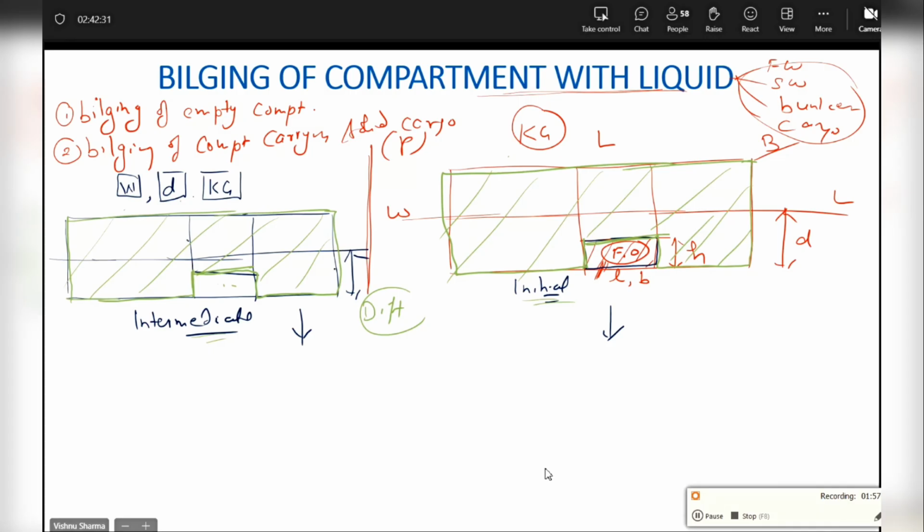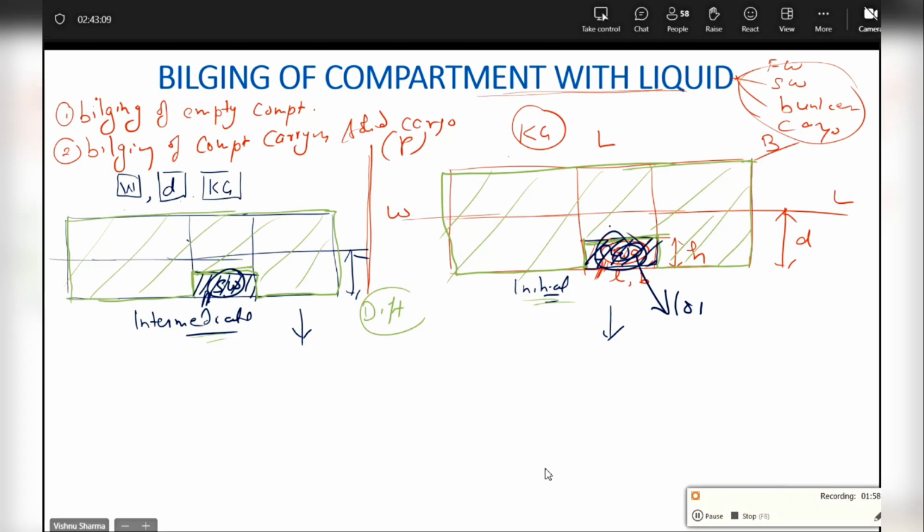This green part was already unchanged. But this will basically be filled with seawater. Yes or no? Correct, guys? If the DB is bilged, this space will be occupied by seawater, correct? Guys, do you agree with me? Yes, sir. And on the other side, this fuel oil will be lost, and this will also be occupied by seawater now.